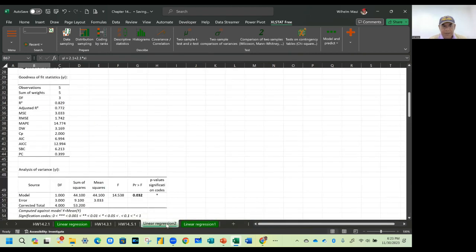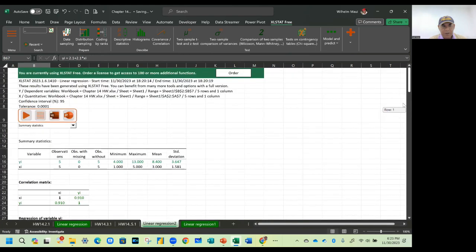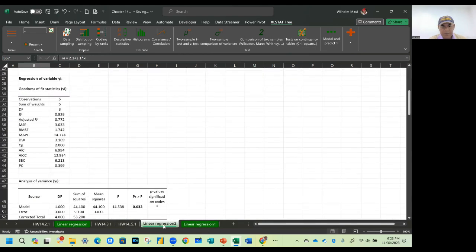And then, so this run is for which one? Oh, I can't remember. Okay, so this one is also for 14.1. Let's just put LR for linear regression.